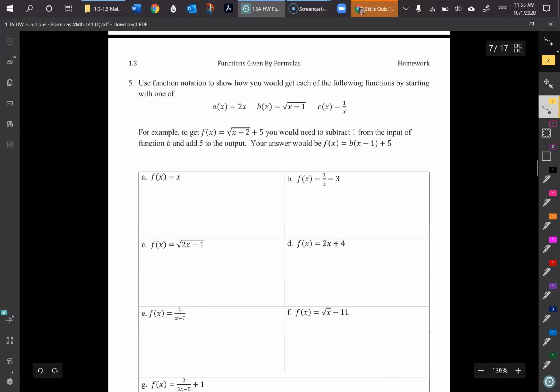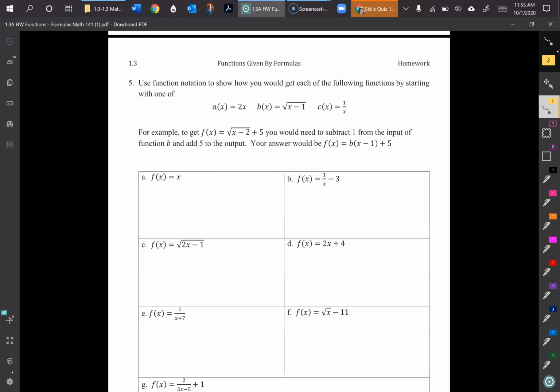That way, if you plugged this x minus 1 in for x, you would get x minus 2 inside there, which is what we're looking for, and then you'd add 5 on to the end to make it look like this one. So it's sort of a puzzle, but it helps you roll things together and get a new function, which is a lead-in to composition that we'll do next.